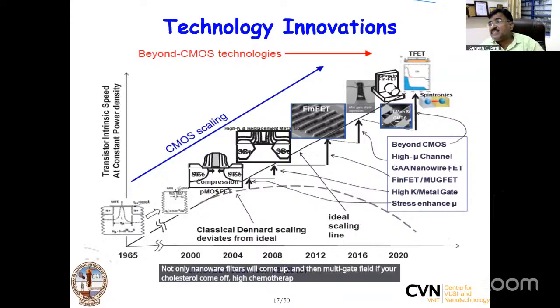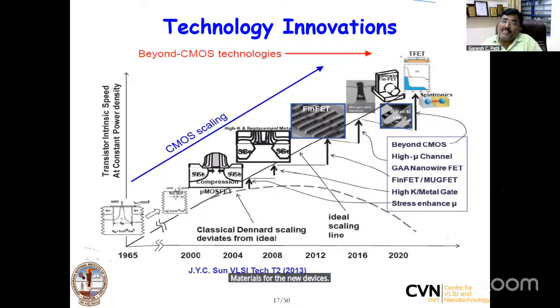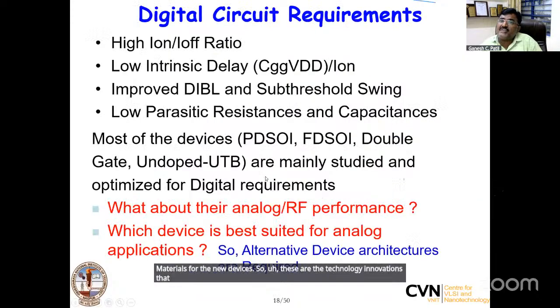And not only this, we'll have to enhance the mobility also. So to enhance the mobility, instead of silicon, 3-5 semiconductors like gallium arsenide will be the new future materials for the new devices. So these are the technology innovations beyond CMOS.